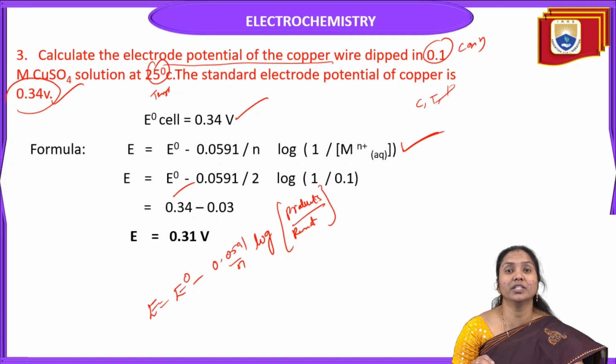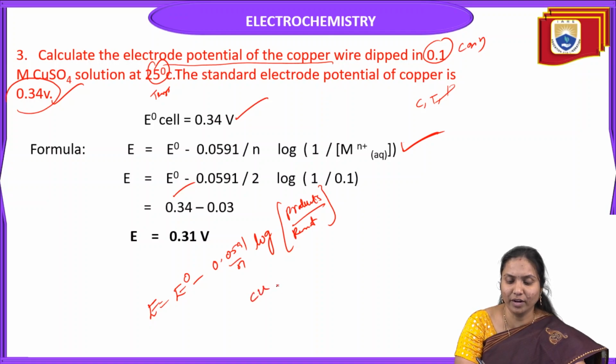The potential difference between these two electrodes is called EMF. Here the standard electrode potential of copper is 0.34, so we substitute it in this equation, minus 0.0591 by n. How many electrons are involved here?